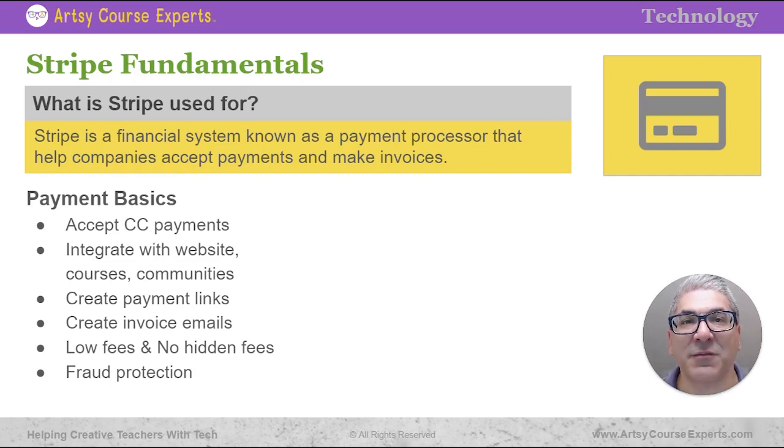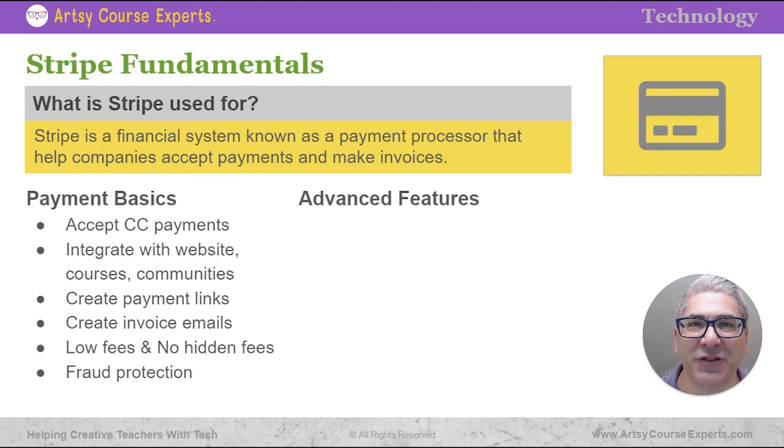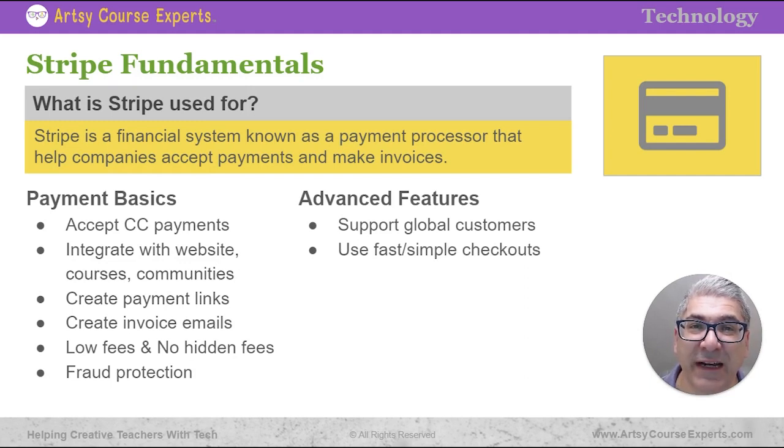All right, let's get into some more advanced features for using Stripe. First of all, you can support global customers, not just with different kinds of payment systems, but also with different languages and currency being shown in the local language of the buyer. That's pretty great. With Stripe, you can use fast, simple checkouts.